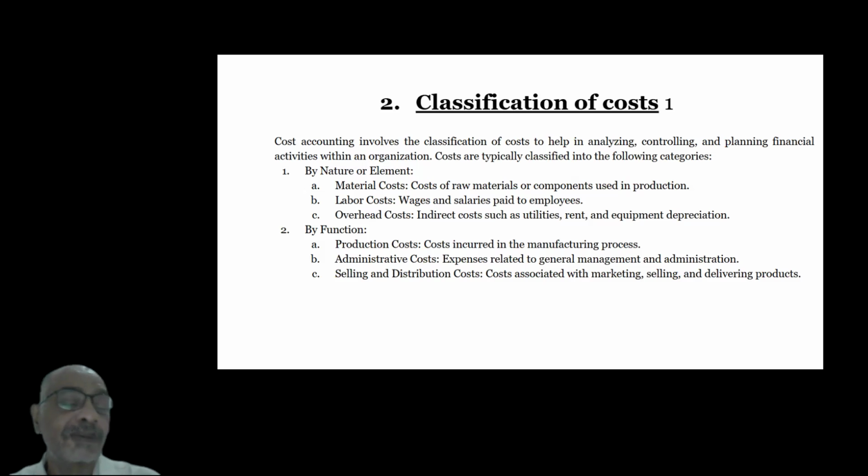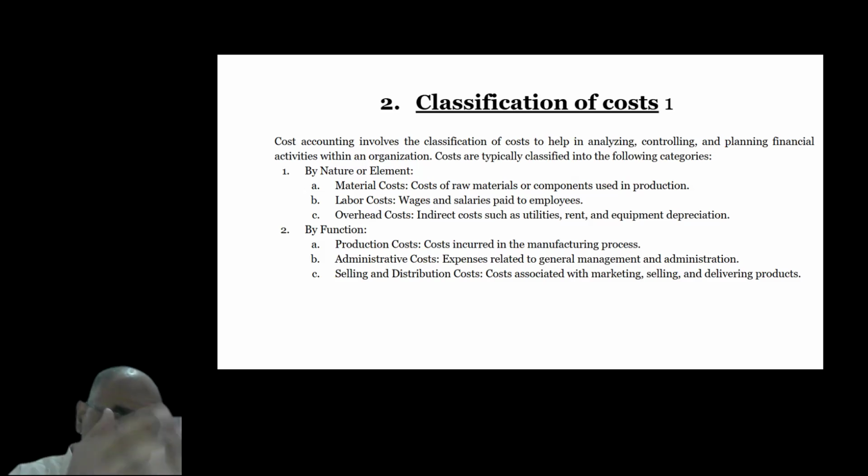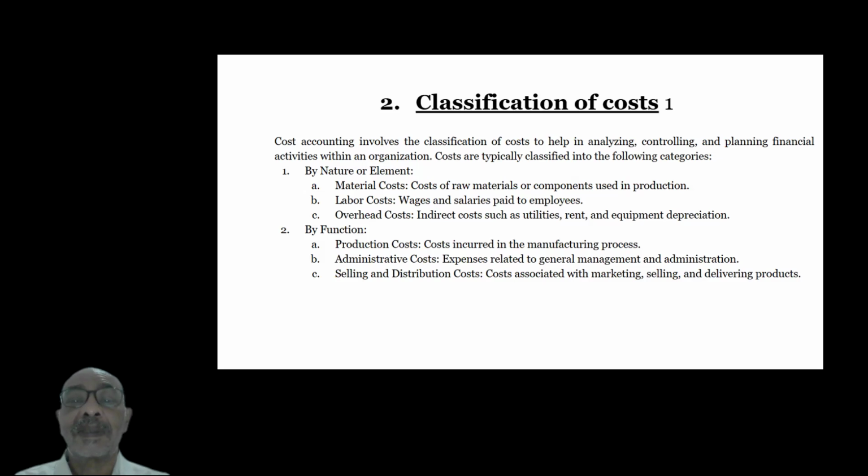Services like maintenance and catering for the employees when they are working, meals and drinks. Rent of the building, rent of the equipment, depreciation of the equipment, all these are called overhead costs.